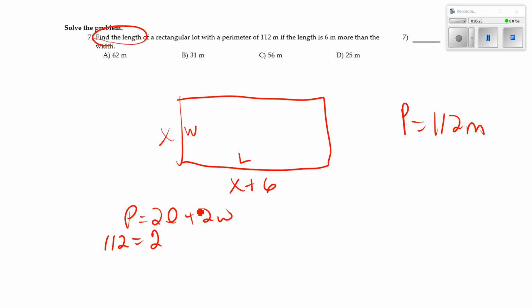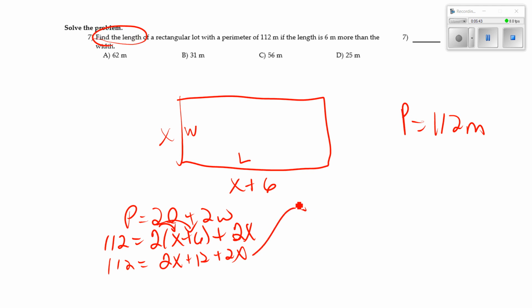That'd be 2 times the length, which is x plus 6, plus 2 times the width, which is x. And I need to solve this. I get 112 equals, distributing here, 2x plus 12 plus 2x. That would be 112 equals 4x plus 12.